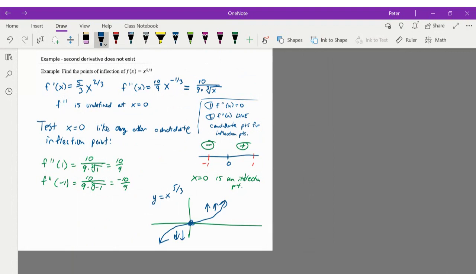Oh, why are we plugging them into the second derivative and not the first? Yeah, I realize it gets a little confusing. When we're performing the first derivative test, we would be plugging numbers on opposite sides of a critical number into the first derivative, because we try to see if the function is changing from increasing to decreasing.